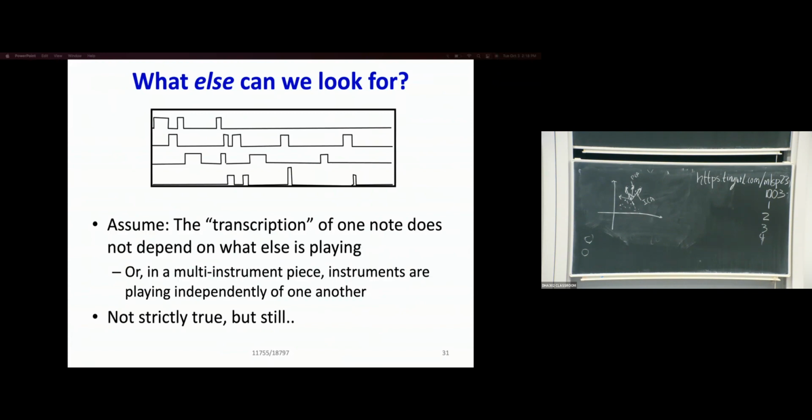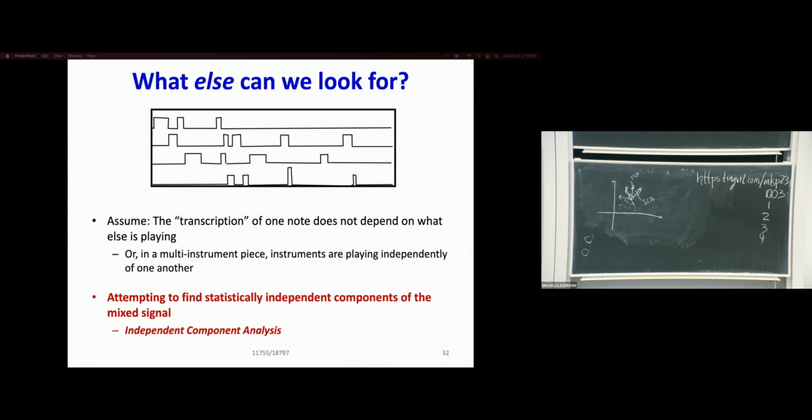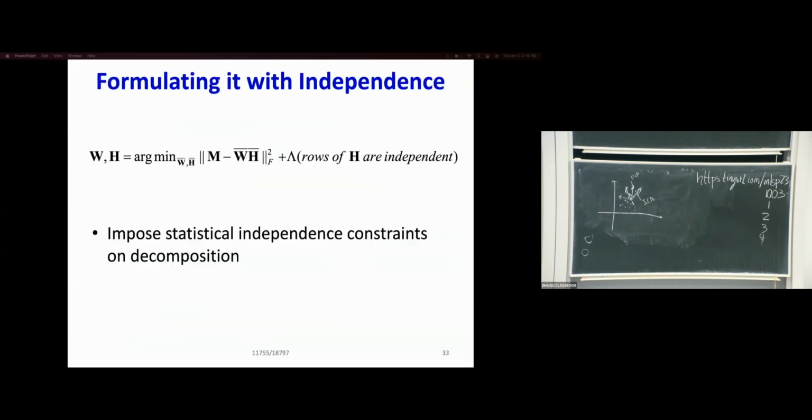We enforce independence at the start. So that is what ICA is. It's basically like PCA, but we start at the front and say that we're going to enforce independence. And as a byproduct, everything will be okay.